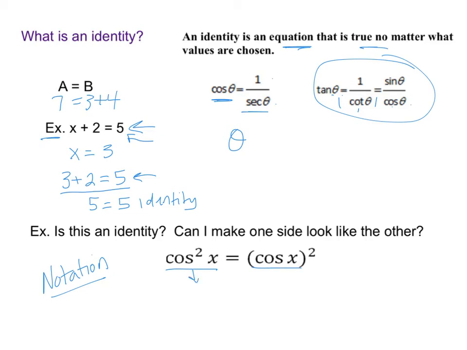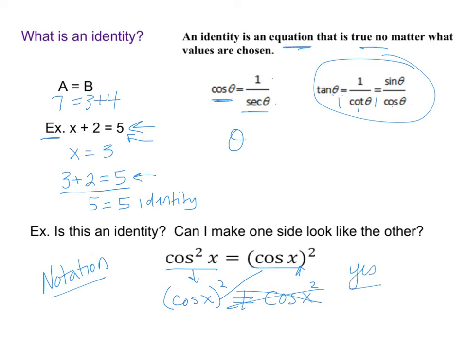I could rewrite this as cosine x quantity squared. That's what that means. Now, this does not equal cosine x squared. Do you see the difference? If you left those parentheses off, they would not be equal to each other and therefore not an identity. But because that's what it says, yes, it is an identity.